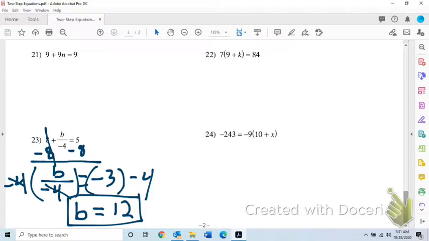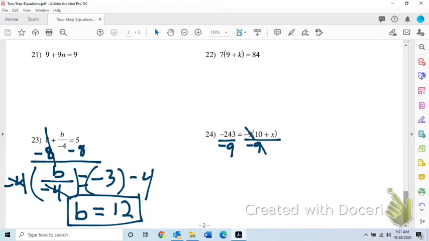Negative 243 equals negative 9 times 10 plus x. So again, this is negative 9 times the quantity 10 plus x. And we know that we need to get rid of the negative 9. We know we need to get rid of the 10, but we can't get rid of the 10 until we break it out from those parentheses. So those cancel out right there.